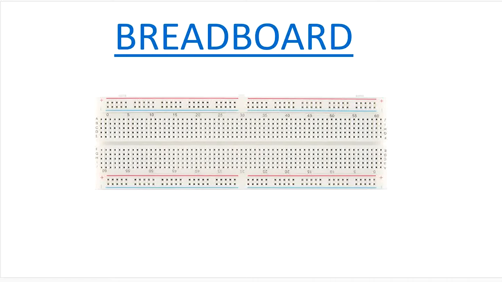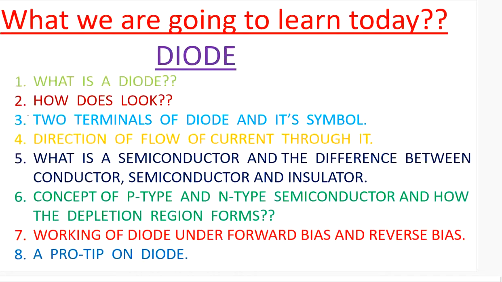Today we are going to learn about diode. The topics which we are covering today are: what is actually a diode, how does it look, what are the two terminals and its symbol, the direction of flow of current through it, what is actually a semiconductor and the difference between a conductor, semiconductor and insulator, the concept of p-type and n-type semiconductor and how the depletion region forms, the working of the diode under forward bias and reverse bias.